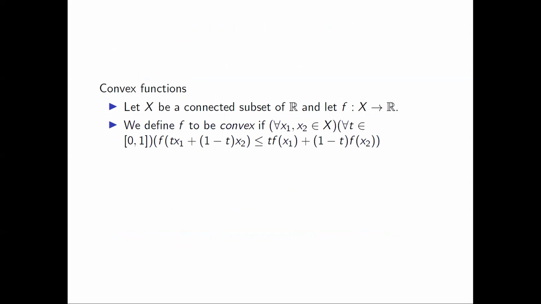And we're going to define f to be convex if for all real numbers x1 and x2 in big X, and for all real numbers t in the closed interval from 0 to 1, we have f of t times x1 plus (1 minus t) times x2 is less than or equal to t times f of x1 plus (1 minus t) times f of x2.